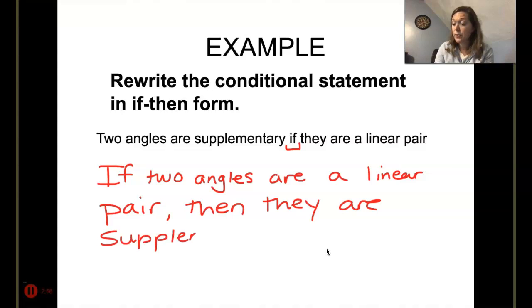So now I just rewrote a statement in if-then form. My hypothesis is I have two angles that are a linear pair. My conclusion is that then they would be supplementary.